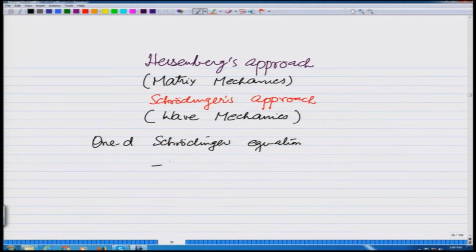is written as minus h cross square over 2 m d2 psi over dx square plus V x psi x equals E psi x, and I am going to put an n here as a subscript to show that these are the eigen functions which satisfy the boundary condition.